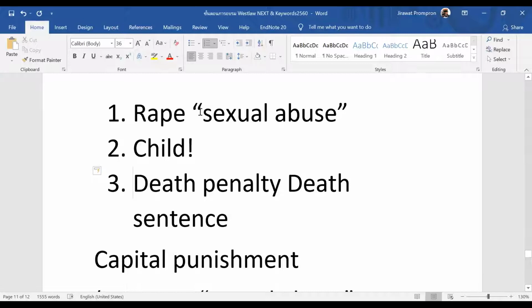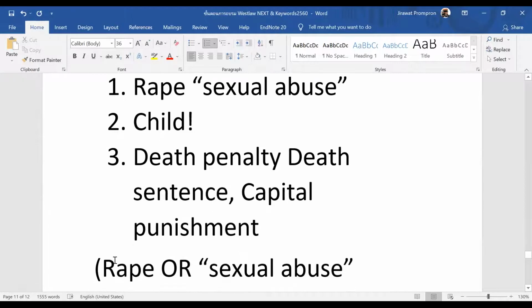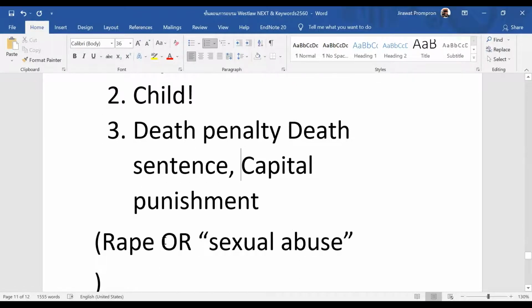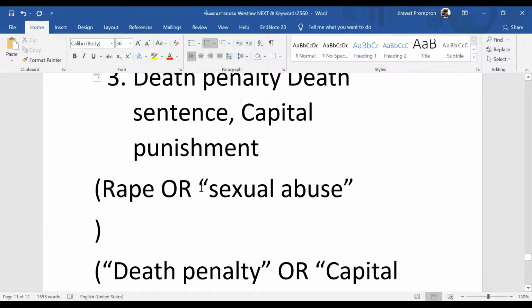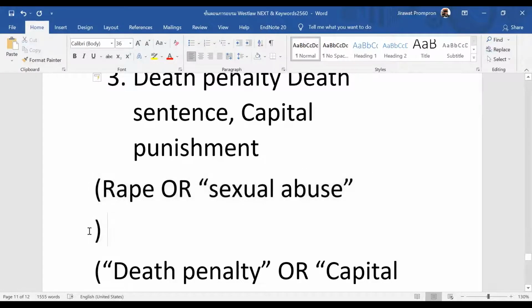So how can I conduct a search? Start with this one. For rape, you just type rape or sexual abuse. Use the parentheses, use a bracket, to start with this group first.